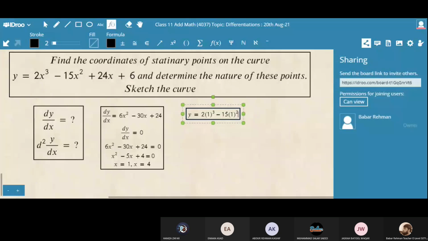Hurry up. Now continue and tell me the value.